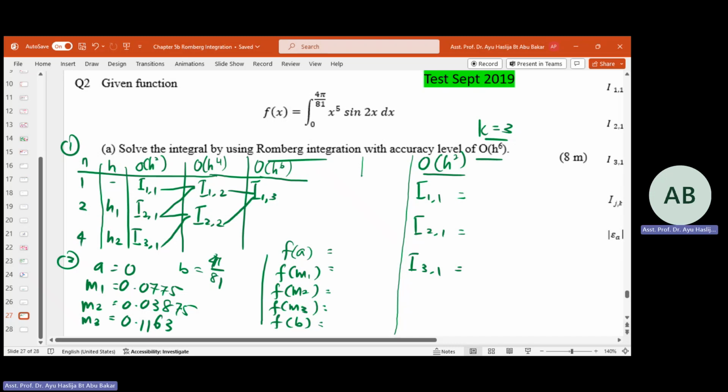Check the true value. What do you get for your true value? If you know whether your answer is correct, find the true value. The final answer for I13, put it here.